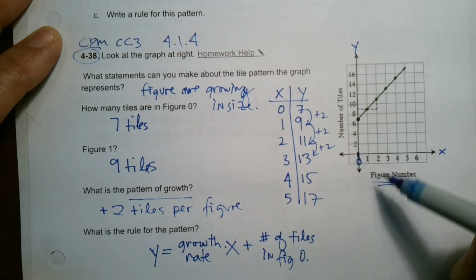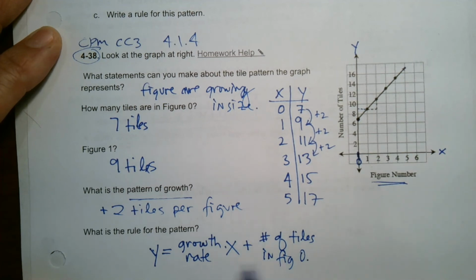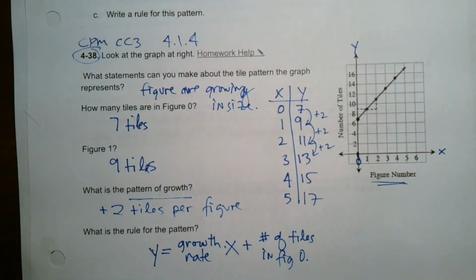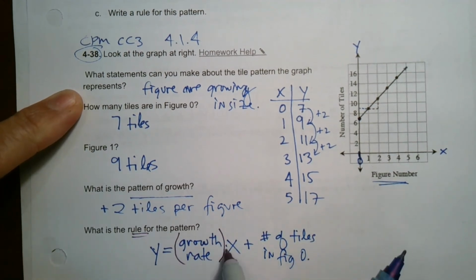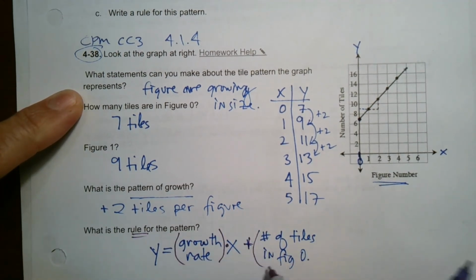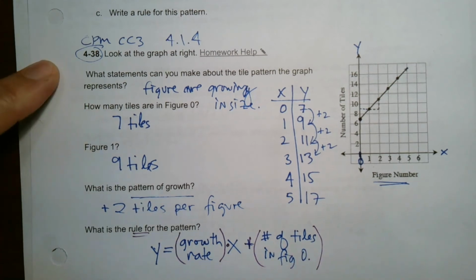The initial value. So this right here is that rule. You can take that growth rate, multiply it by X, and then add to that whatever the number of tiles are in figure 0.